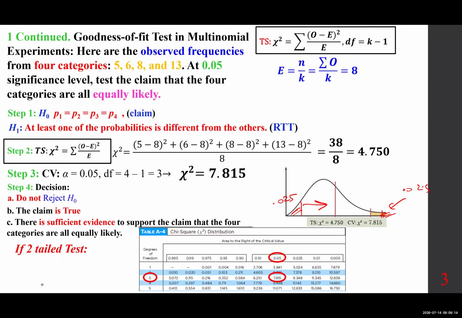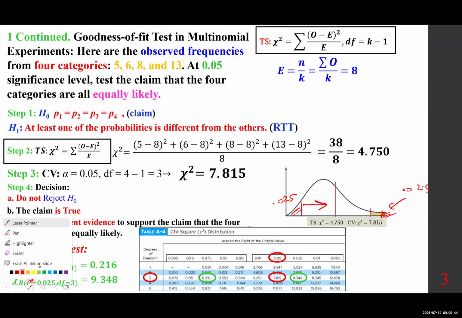So in this case, the area to the right for the left chi-squared value is 0.975. If those were the values, clearly look at the test statistic. It's also in between those two values. You get the same result, okay? So chi-squared on the left, with alpha 0.975 and degrees of freedom 3, is 0.216, and the other one is 9.348. But in any event, let me erase my work.